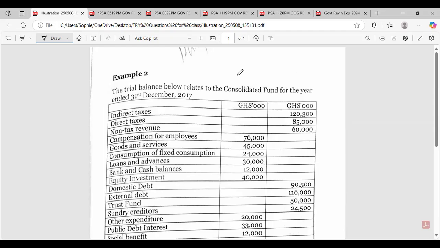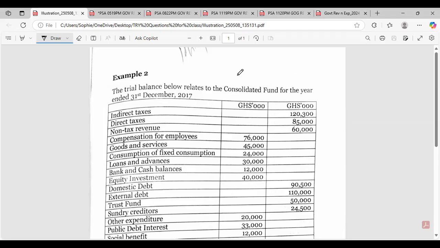Some students over the years don't know how to differentiate between an item that constitutes revenue, an item that constitutes expenditure, and an item that constitutes expense.